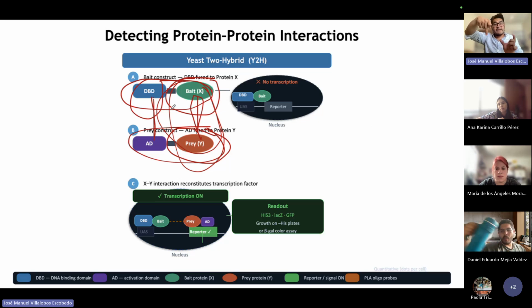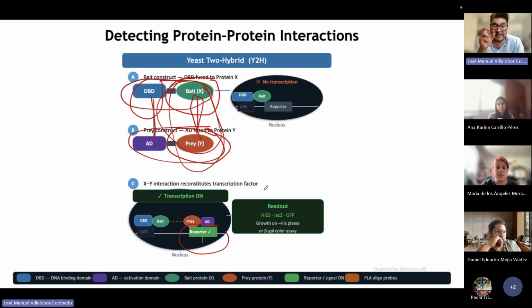So if they are alone, you will not see the expression of the gene that they turn on, which in this case is a reporter, which can be GFP or LacZ. You will detect expression of this reporter just when they are together, because at the same moment they are at both promoters, and in this moment they start the transcription of the reporter.